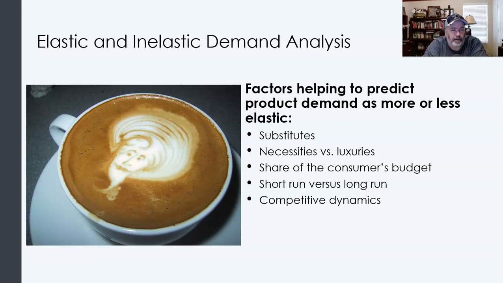Going back to my example with fuel, it's relatively inelastic, but at the same time, that doesn't mean you couldn't cut back on some driving, because filling up your tank too frequently is just going to eat too much of your budget up, right?